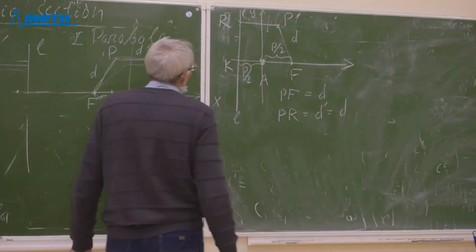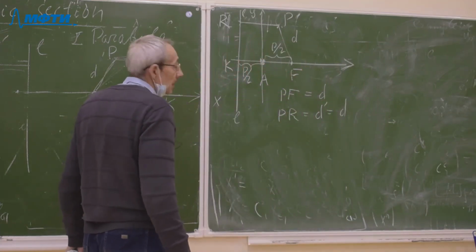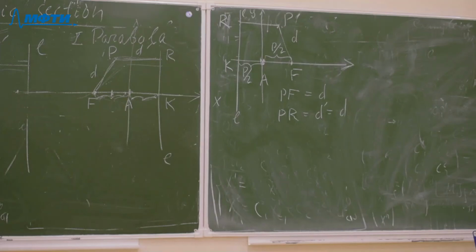Excuse me. Sorry, what is P over 2? I think RP is less than KF to write P over 2 in the middle. I don't understand why you wrote P over 2.